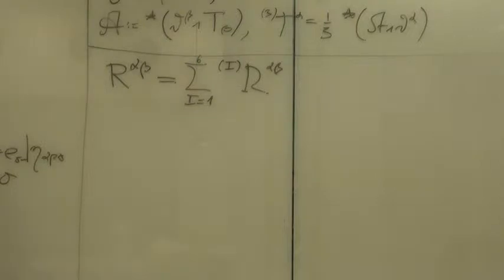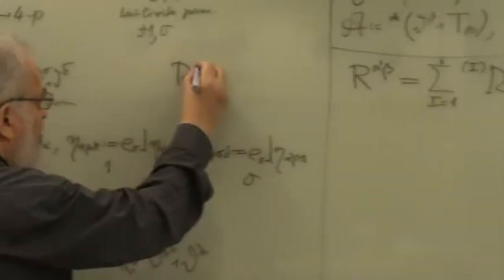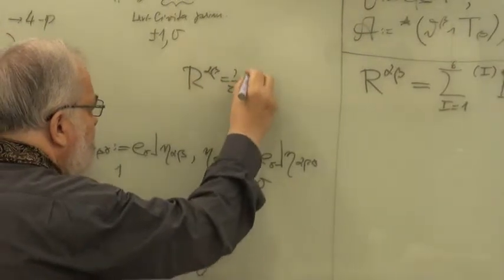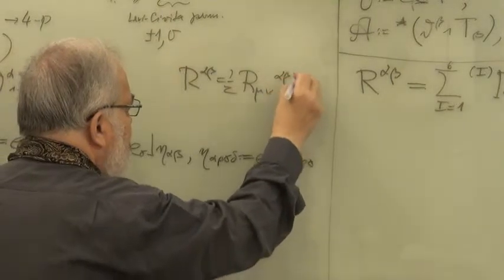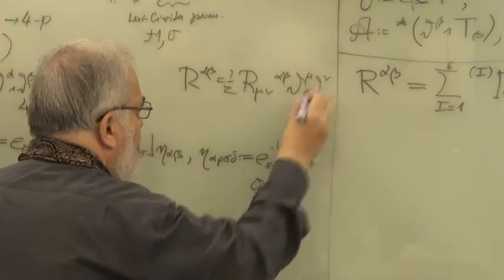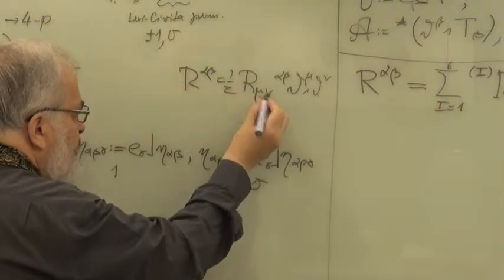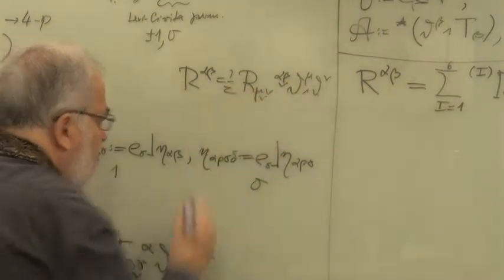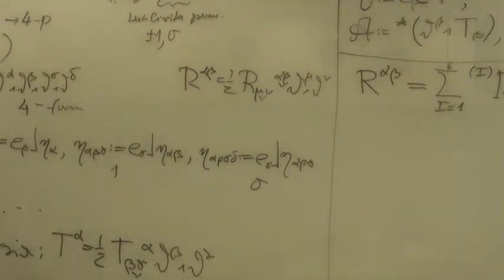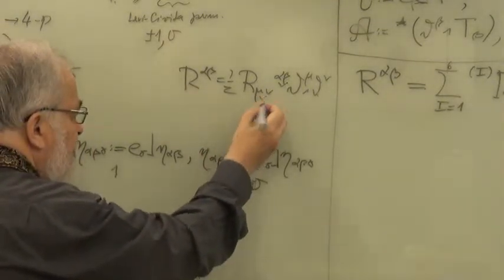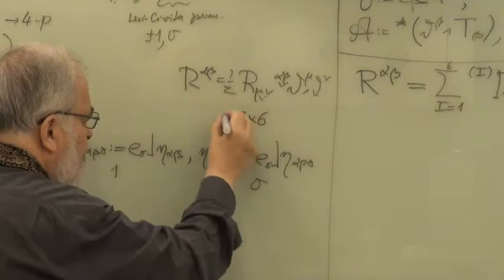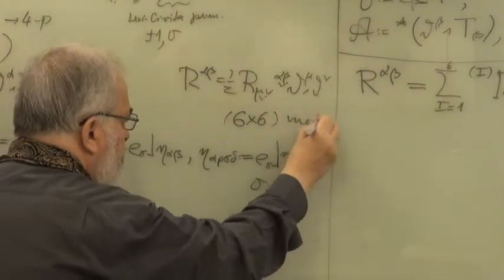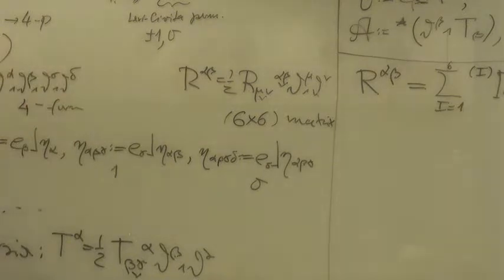If you write it in indices, R_β^α = 1/2 R_{μνβ}^α ϑ^μ ∧ ϑ^ν. So it's anti-symmetric in these 2, but in the Riemann-Cartan space also anti-symmetric in these 2 indices. In 4 dimensions, anti-symmetry means 6 independent components. So it's a 6. You can represent it by a 6 times 6 matrix, which has 36 independent components.